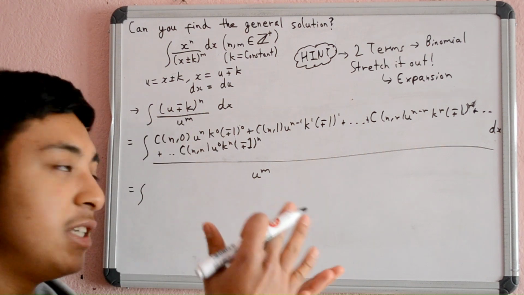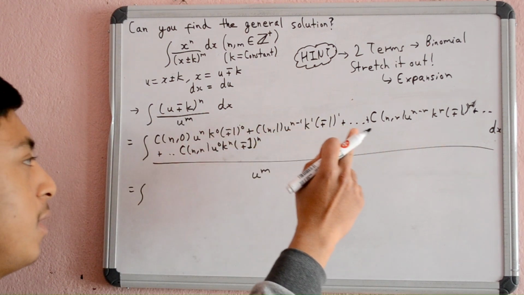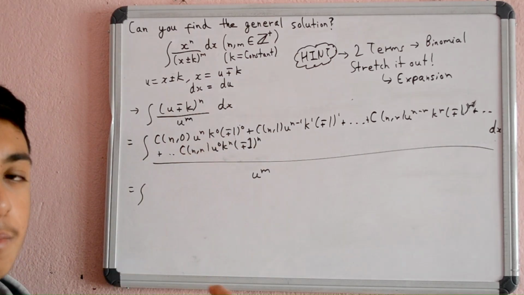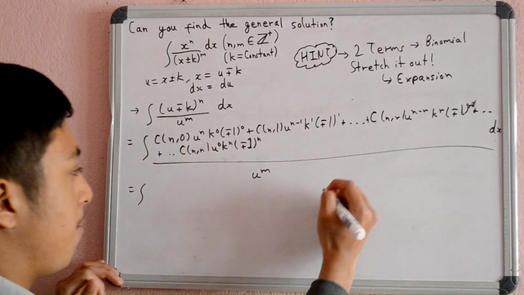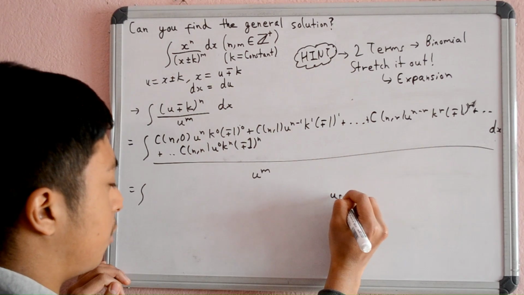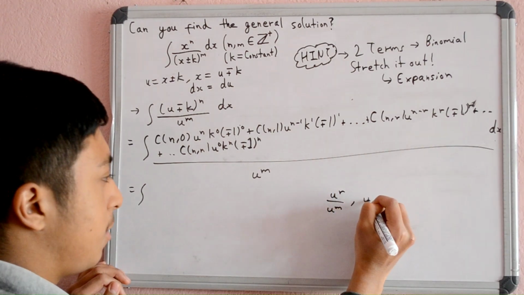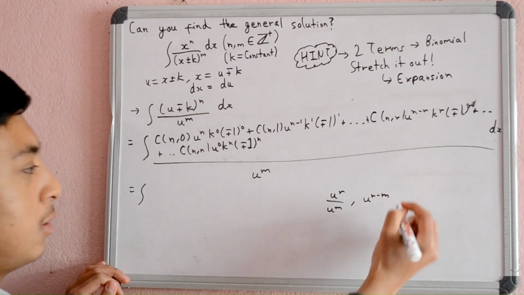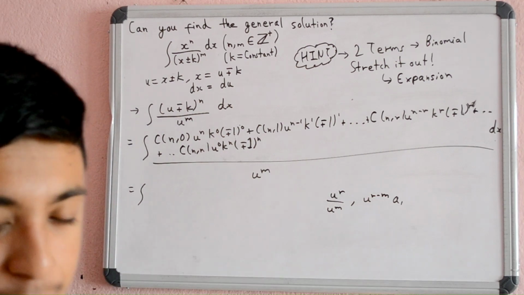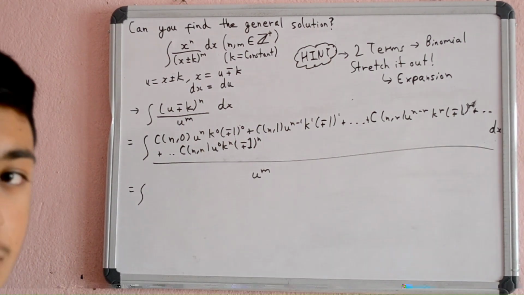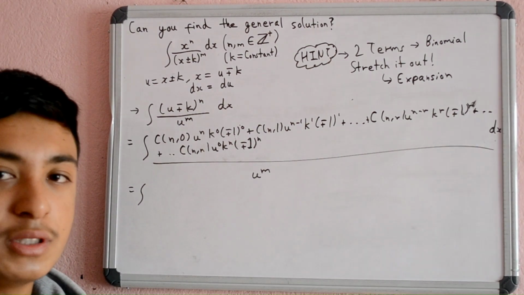Now we can separate these integrals due to this plus over here, and of course you'll get minus when you multiply this. So you'll just get u to the power whatever by u to the power m. So let's take for the general case u to the power r by u to the power m. Here you'll simply get u to the power r minus m times some constant, let's say a1, or let's just say some other constant. So let's account for those constants, right?